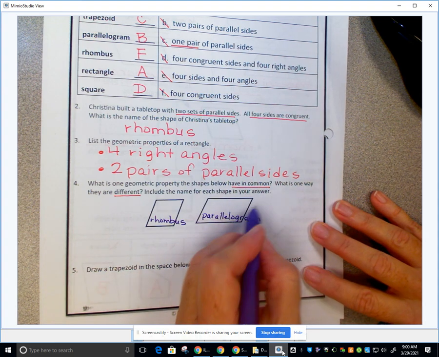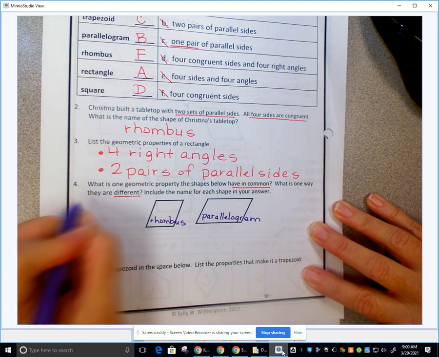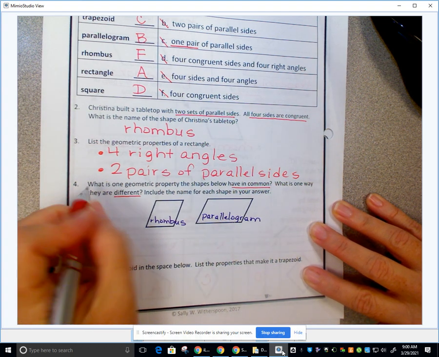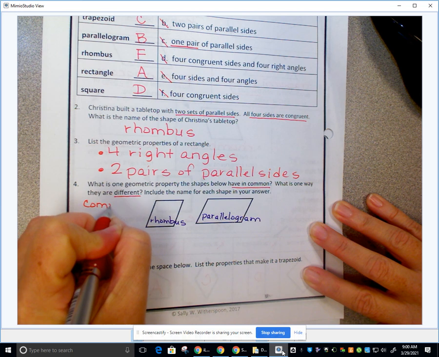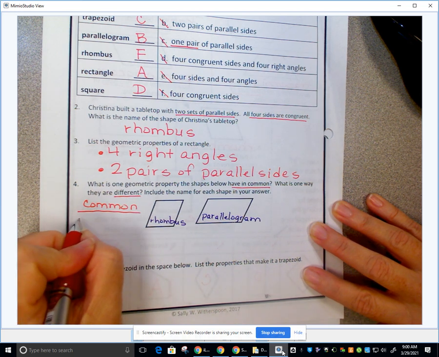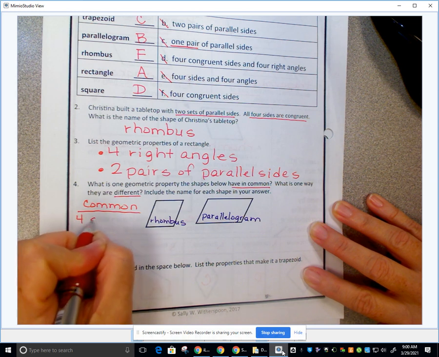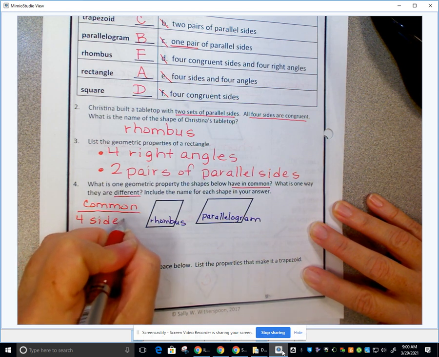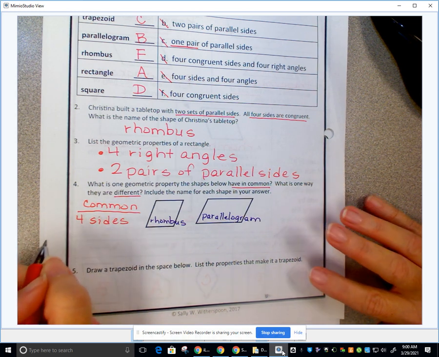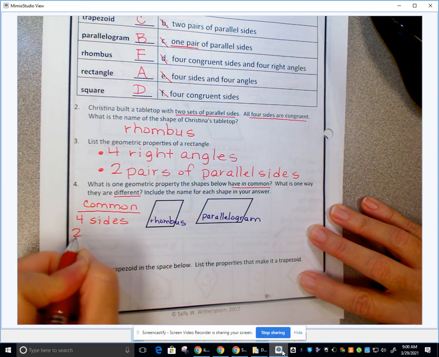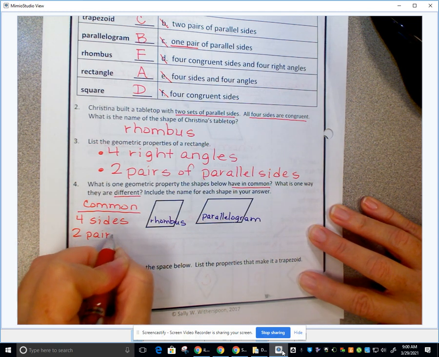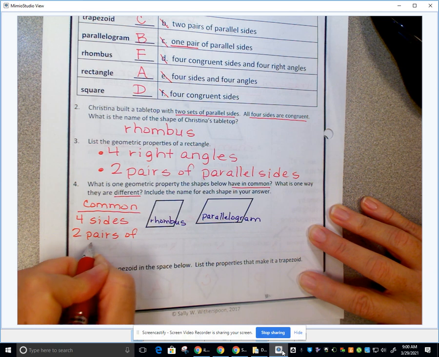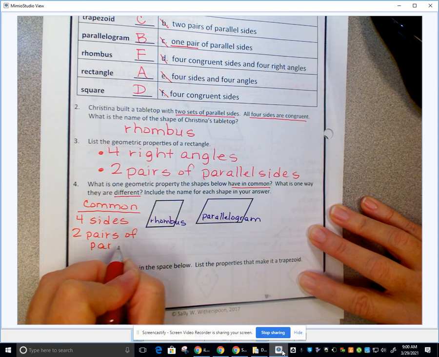So I've got to say what they have in common. So let's talk a minute about what they have in common. I could say they both have four sides, and they both have two pairs of parallel sides.